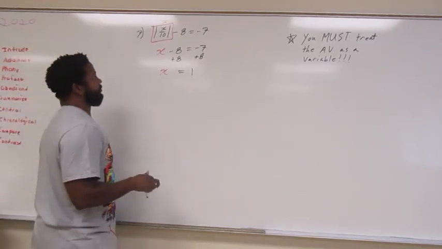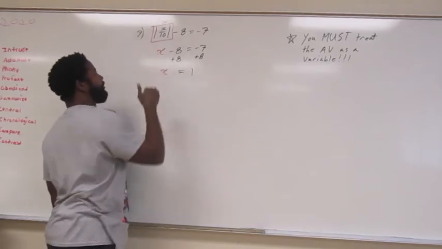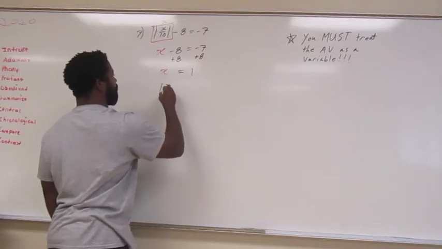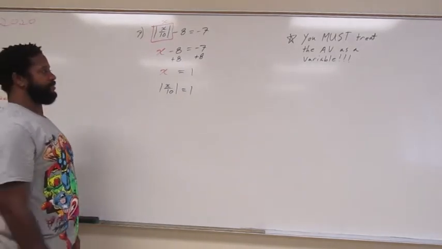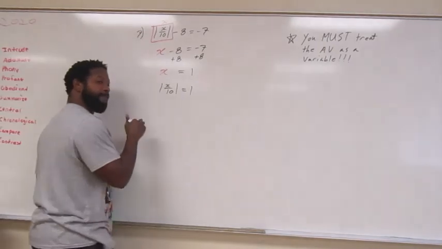All right, so now that we have that by itself, let's bring this absolute value back out of the box, right? So it'd be the absolute value of x over 10 equal to 1. How are we going to get rid of that absolute value?